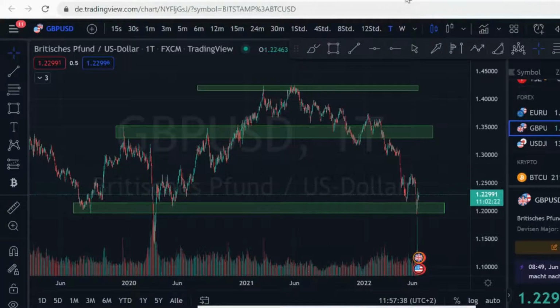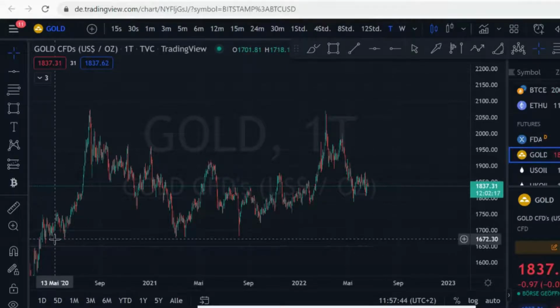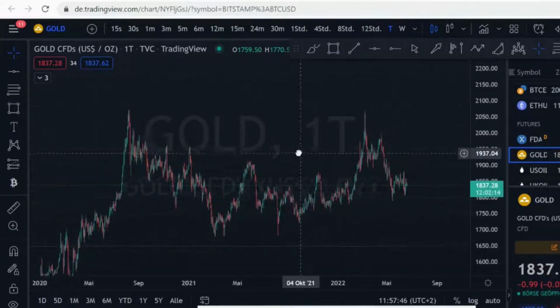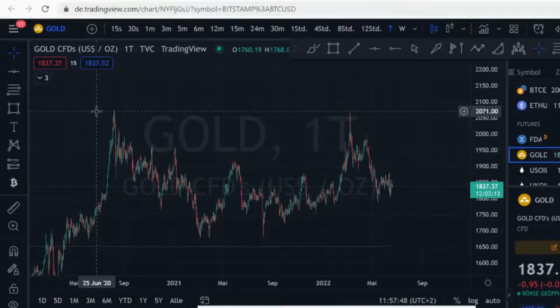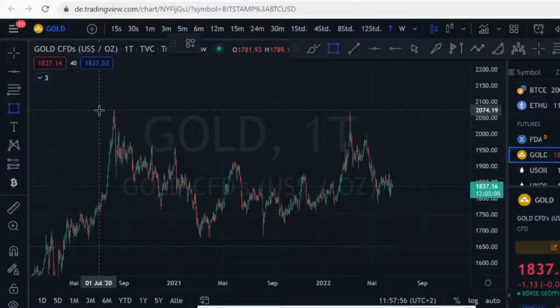Okay, you want another example? Okay, a pretty short one. So here we also have like 2 years on this chart. We are right now on the gold chart, still on the daily. Pretty important, don't switch between the time frames.